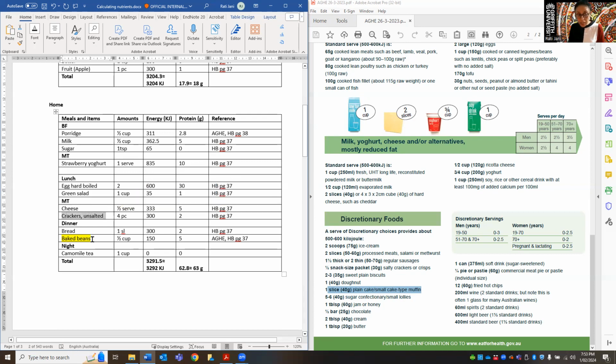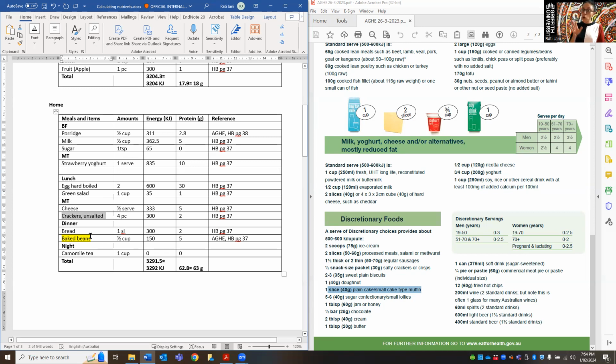Crackers unsalted: a lot of students get confused, thinking, oh, crackers, discretionary food item. Let me go to the AGHG. Guys, carefully see, this is a tricky thing which you may sometimes get in exams. Do you just consider bread as a discretionary food item? No, you don't. Similarly, when over here it says unsalted cracker, this comes under your bread and cereal.